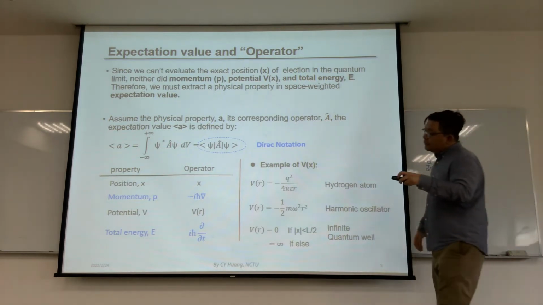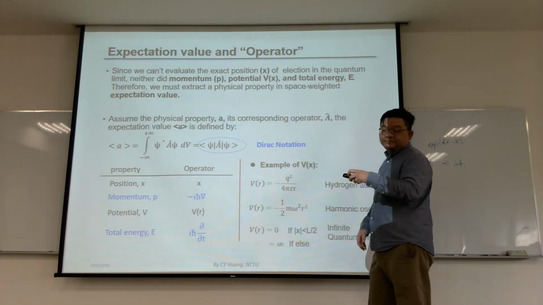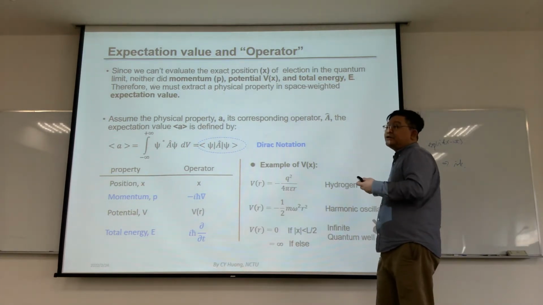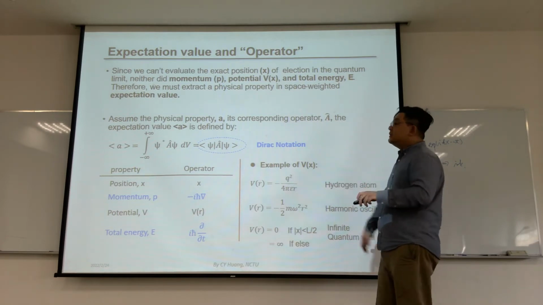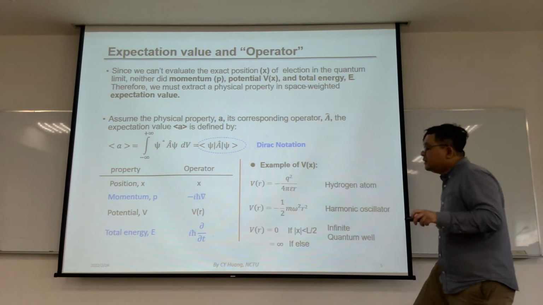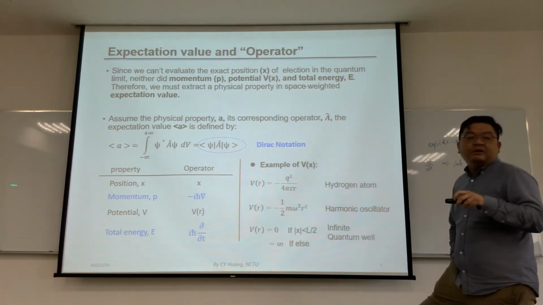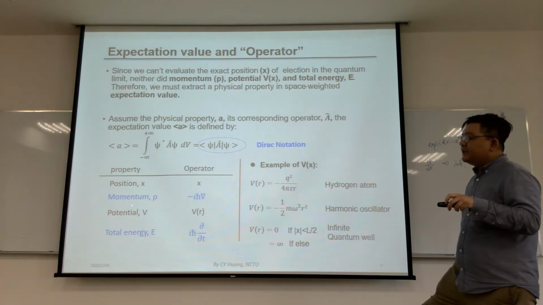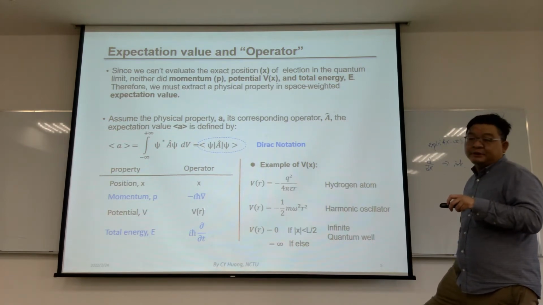Then do the space average, and we have its expectation value. It's just like a weighted average. So to evaluate its expected or average position, we just type x. To evaluate its momentum, you need to take a differential.